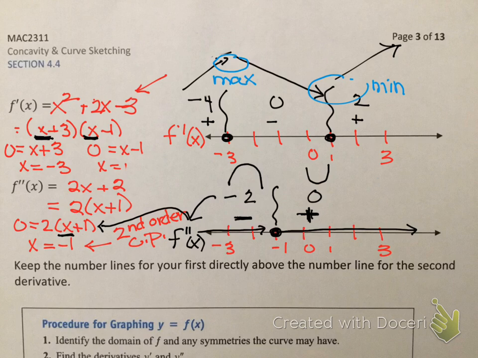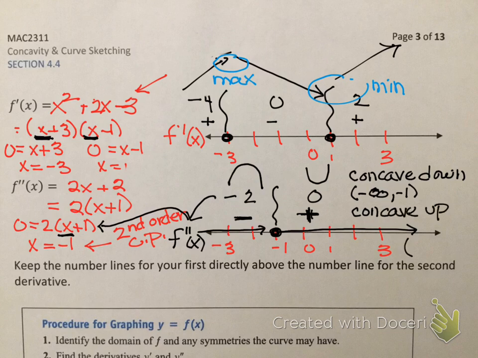So if I were asked about my concavity, concave down from negative infinity to negative 1, concave up from negative 1 to positive infinity.